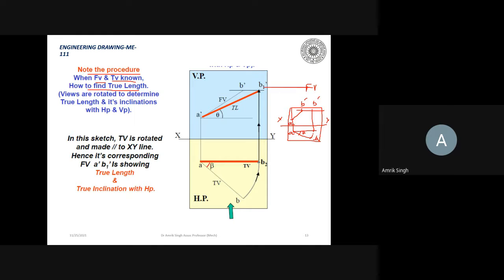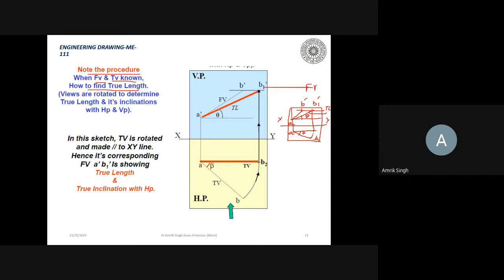From here a horizontal line will cut the projector here. So this point will be B1. And when you join this, this will be the theta. And this will be the true length of the line.